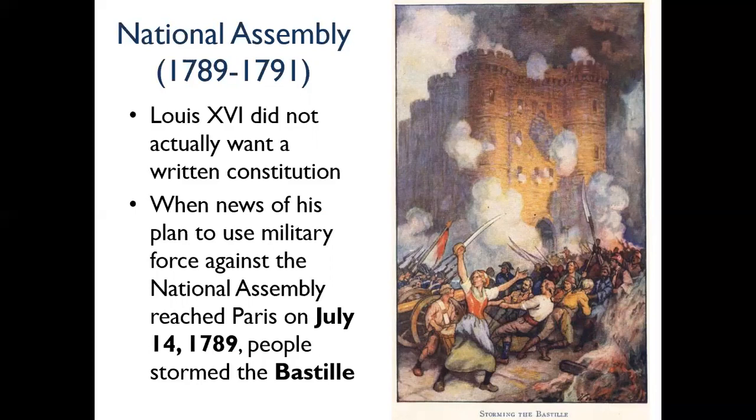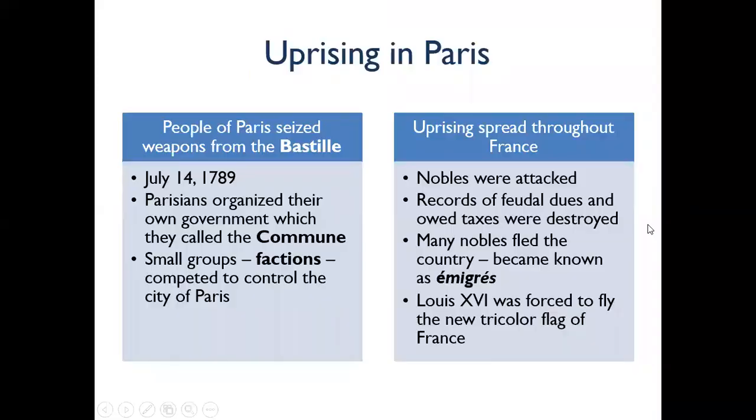As we know, war always causes difficulties and loss. That was what was happening here. Now, the uprising in Paris. The people of Paris seized weapons from the Bastille, and the uprising spread throughout France. Because of all these things, there was an uprising in Paris. That was on July 14, 1789.